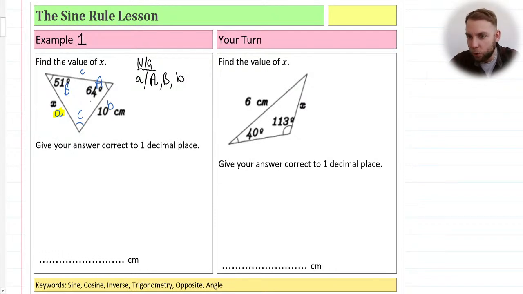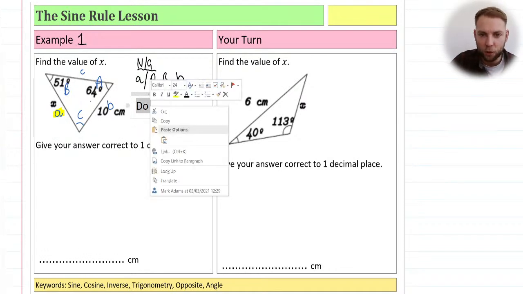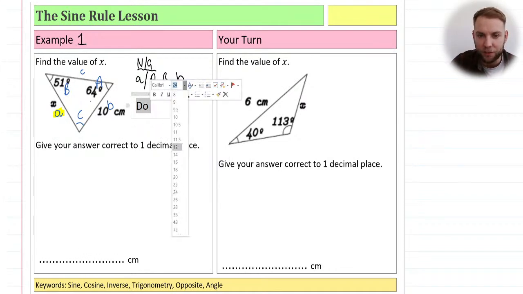Now this is the important question. This next little question is literally the key to all of trigonometry. If you can do all the rest, some people struggle to figure out whether they're using the sine or the cosine rule. Now this part here is what's going to make the difference.